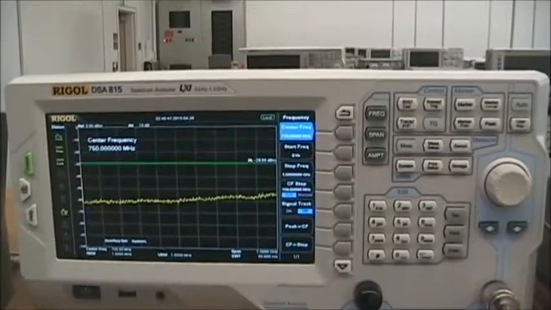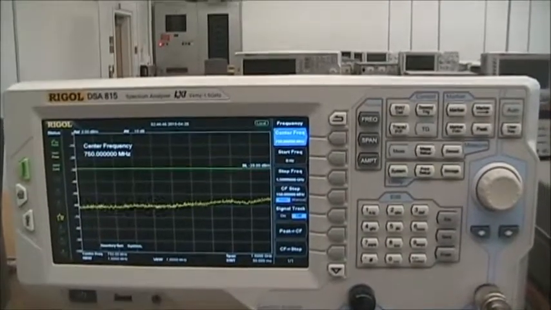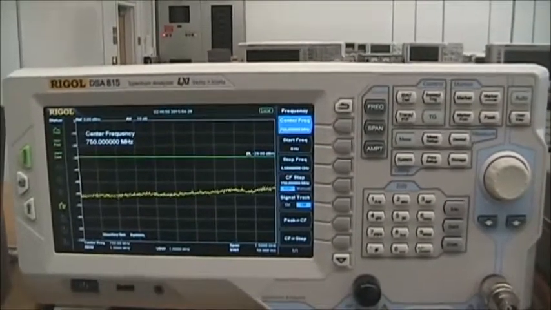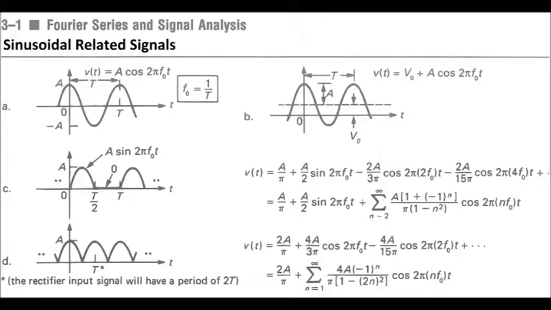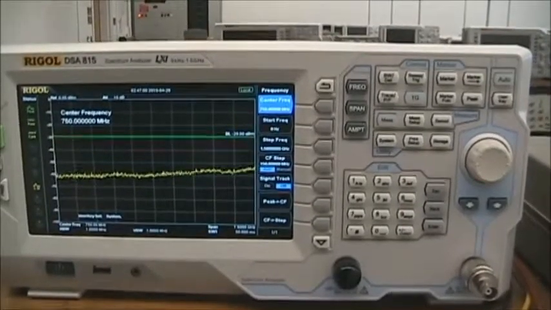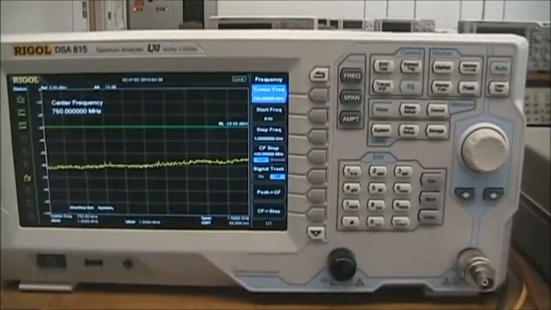The full table has three sections. Waveforms A to D are sinusoidally related signals, including full wave and half-wave signals. The second section, waveforms E to H, includes square wave and pulse type signals.